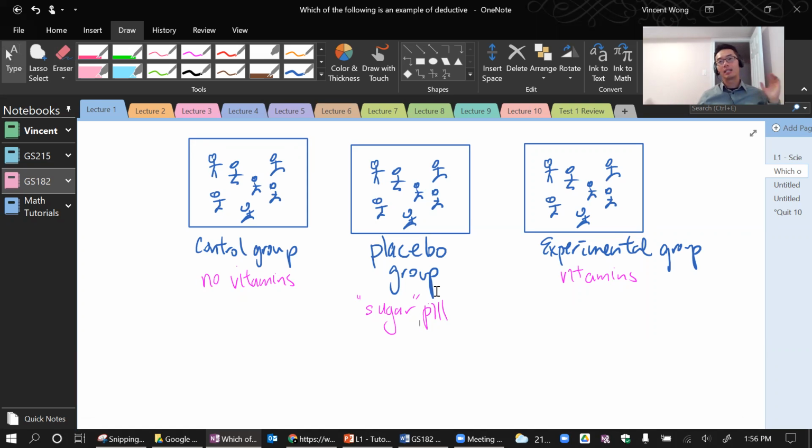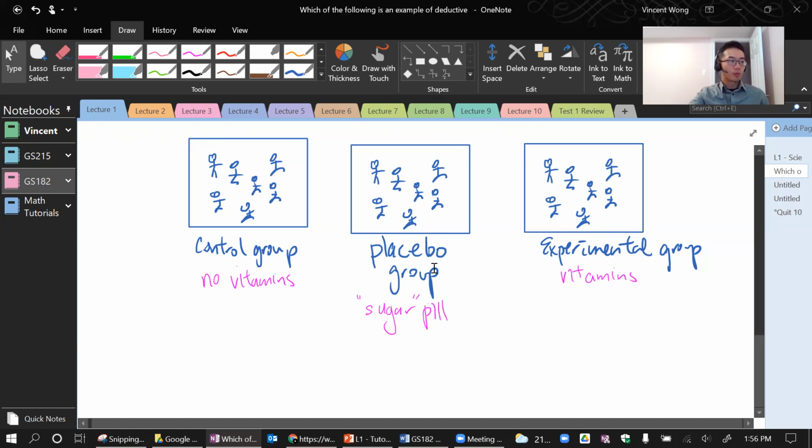Oh, it hurts. I am not feeling well. And then I would give her a band-aid, and everything is going to be okay again. Did the band-aid do anything to physically help with the wound? Absolutely not. But psychologically, it makes her feel better. It's a placebo effect. So we want to account for that. That's why we have to have a placebo group.